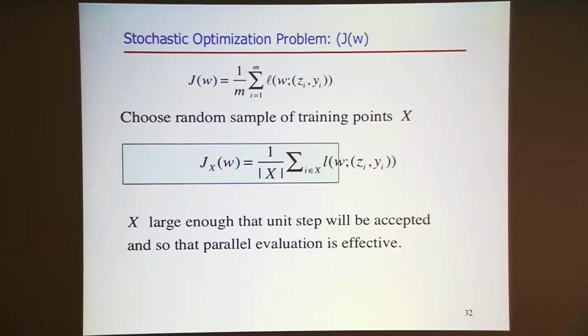Right? So the difference between this objective and that objective is that instead of taking all the training points, I'm just using a subset of them. And imagine that I've chosen them randomly. In expectation, the expected value of this function is equal to that function, and so will be that of the gradient.